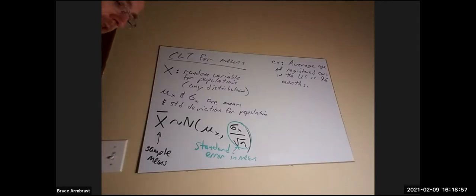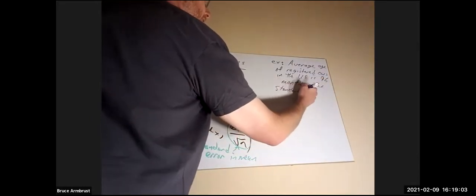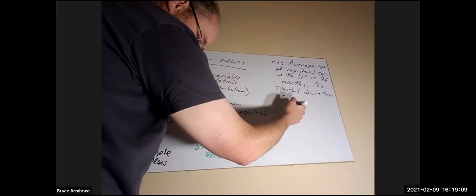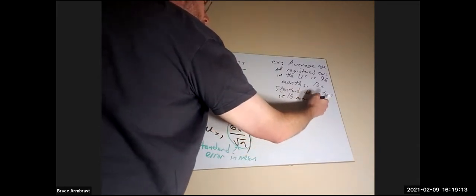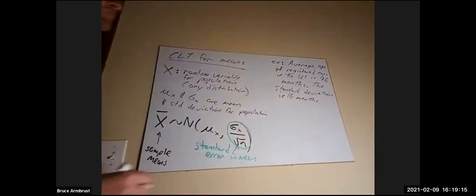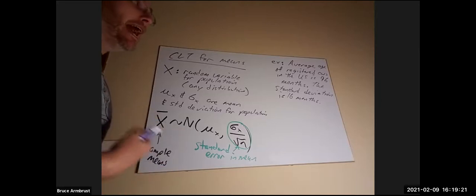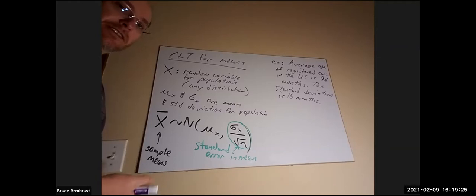But on average, it's 96 months. Let's say we also know the standard deviation, and the standard deviation is 16 months. Now, I didn't tell you how the ages of registered cars are distributed.